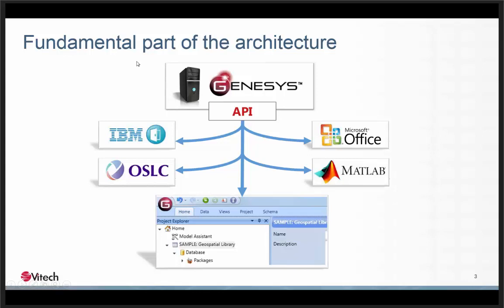It was an original goal of Vitech during the initial Genesys design and requirements planning to ensure we provided a fully functional application programming interface so folks, Genesys users, could potentially fully integrate that Genesys data across your organization. Okay, so the API is a fundamental part of the architecture.